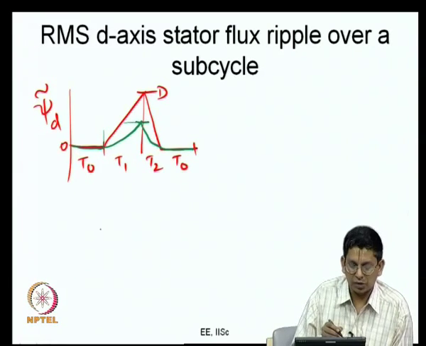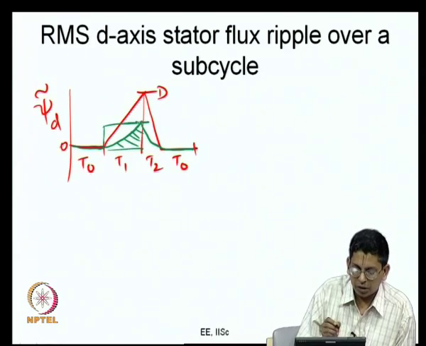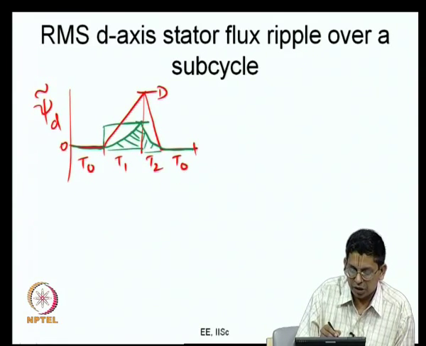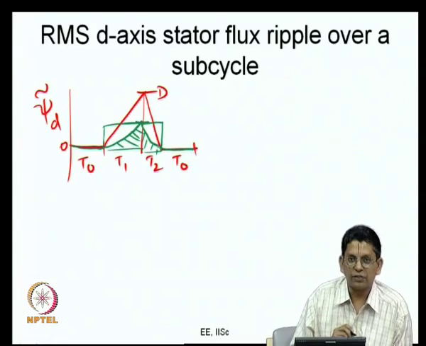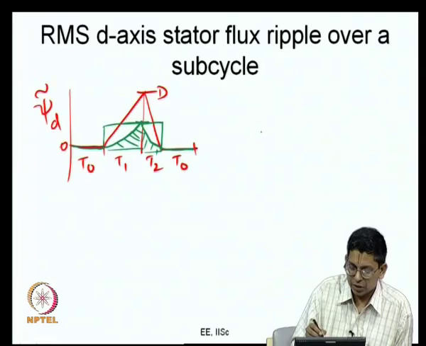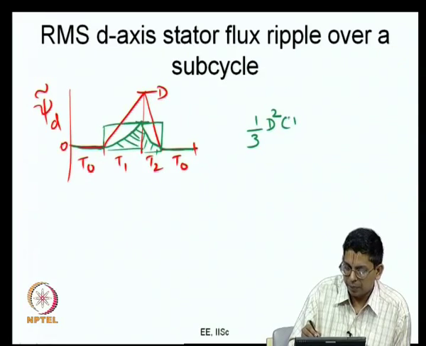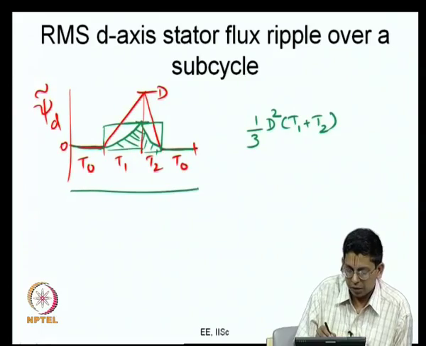This shaded area is 1/3 of that, and the same way this shaded area is 1/3 of the area of this rectangle. So, I can write this value as 1/3 times d squared multiplied by T1 plus T2, divided by the total period of time Ts.